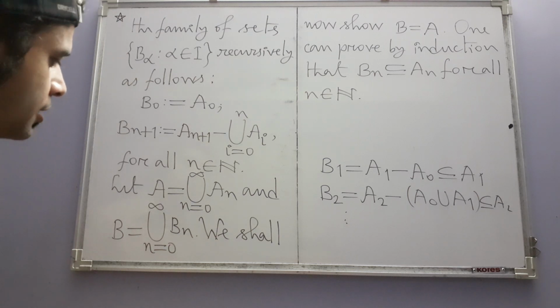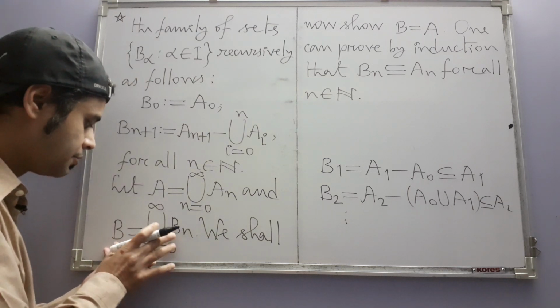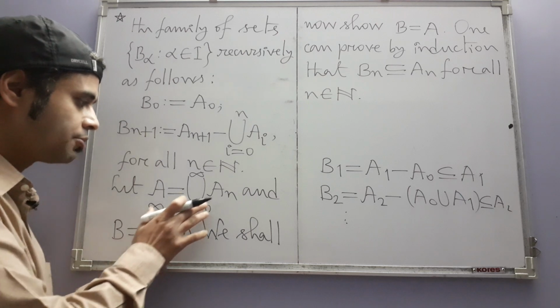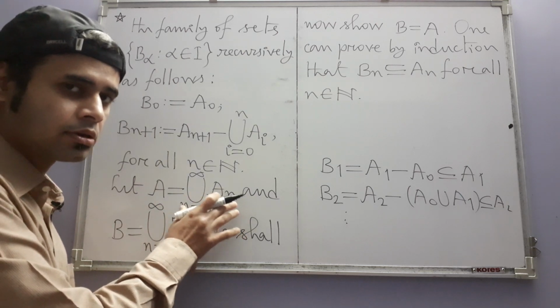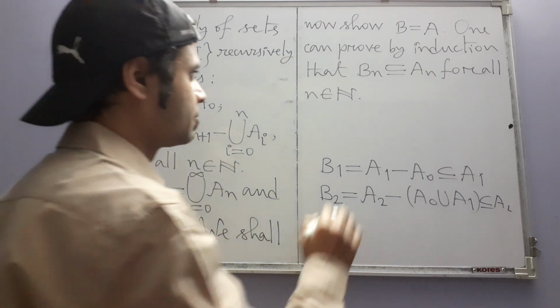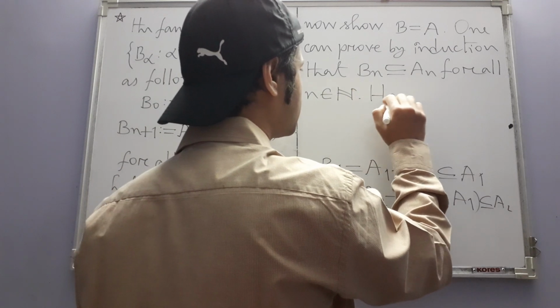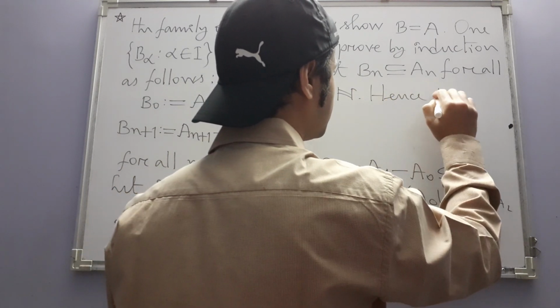So as a consequence, the union of the Bn's, which is B, will also be a subset of the union of the An's, which is A. So hence B is a subset of A.